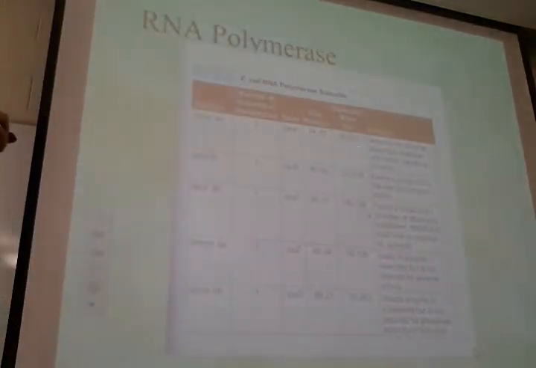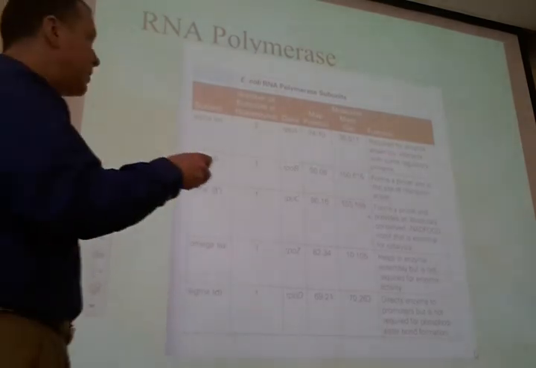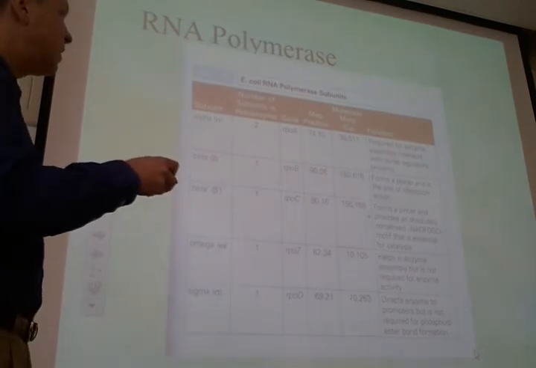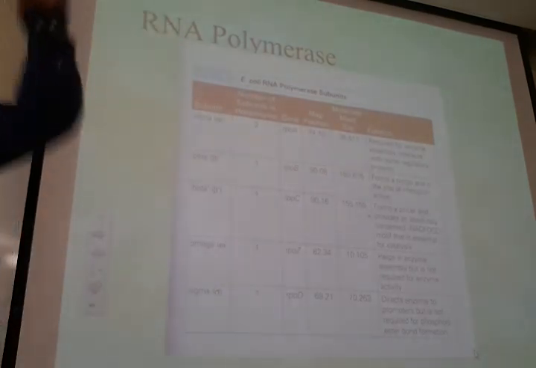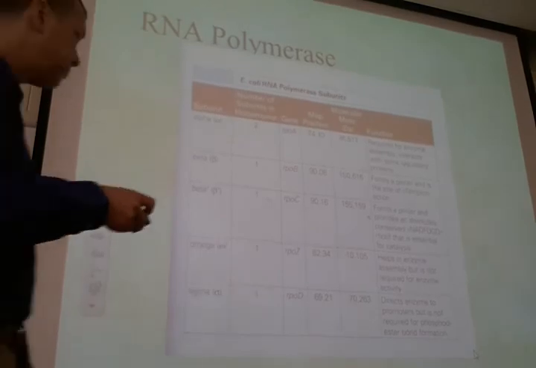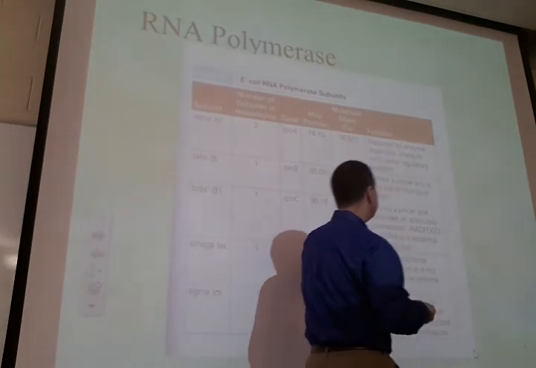The alpha piece seems to be required to put all these other pieces together, and it might interact with some regulatory proteins. The beta piece is the pincer, which lets it stay attached to the DNA, and beta prime also forms part of the pincer and has part of the catalytic domain as well.